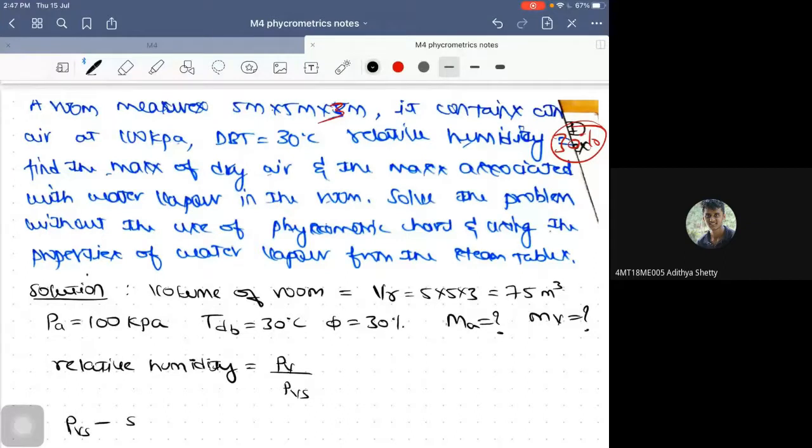It is saturated vapor pressure. So, saturated vapor pressure corresponds to which temperature, dew point temperature or dry bulb temperature? We have learned in the previous problem. Saturated vapor pressure always corresponds to what?